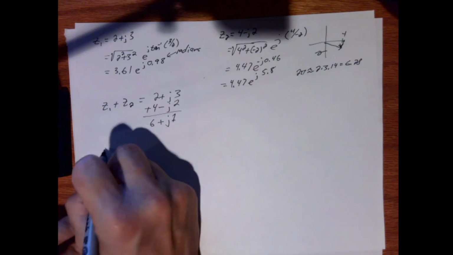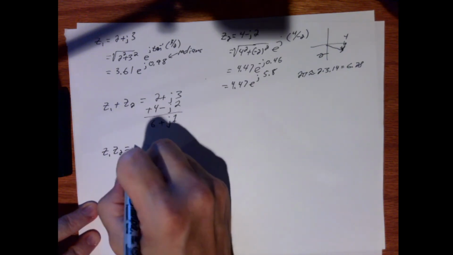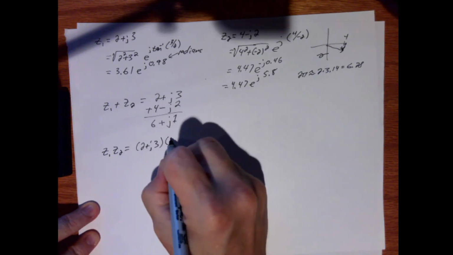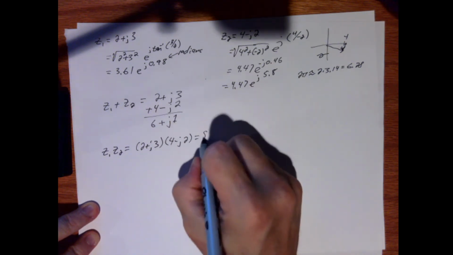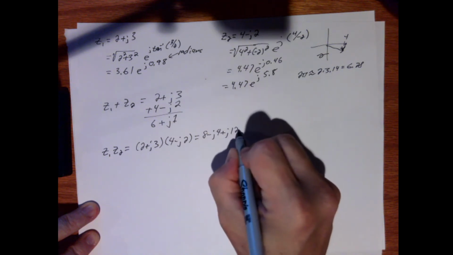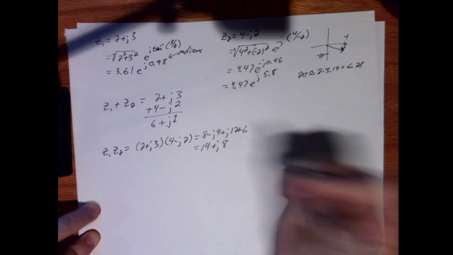So I have a multiplication. z1 z2 would be equal to 2 plus j3 times 4 minus j2, and this becomes 8 minus j4 plus j12 plus 6, which is 14 plus j8, right?